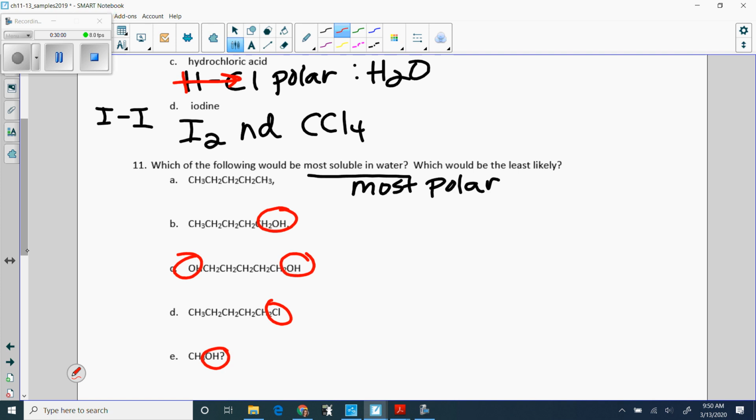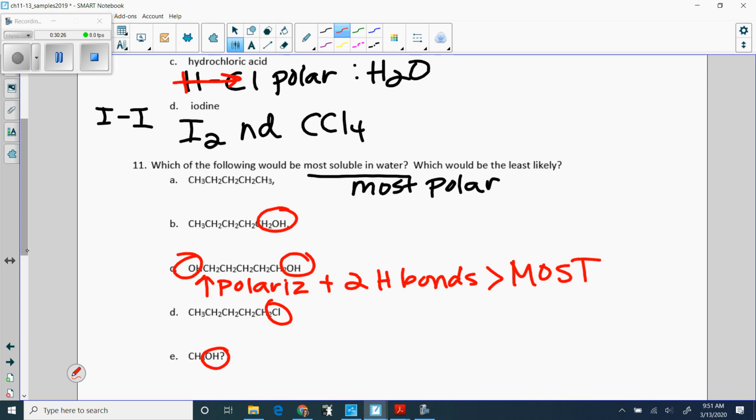This has a lot of electrons, so this has a lot of polarizability, plus 2 H bonds. That's a lot of sticky things. All these electrons are doing the polarizability thing. That's a strong London dispersion and 2 H bonds. This is the most going on. That would be the most.